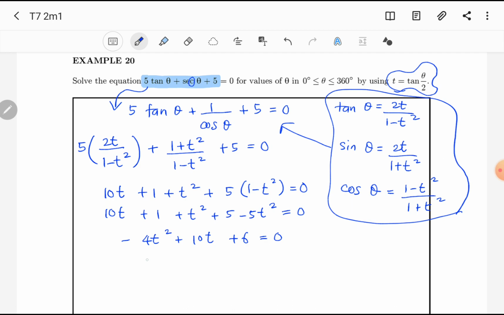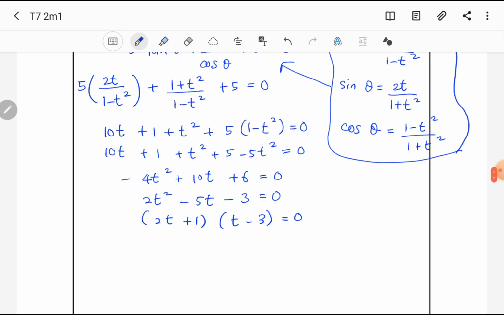Or we can simplify: 2t square minus 5t minus 3 equal to 0. Next we can factorize: 2t plus 1 times t minus 3 equal to 0.